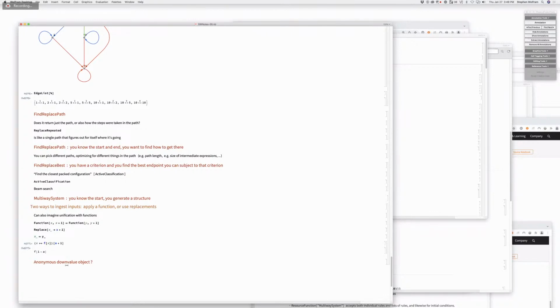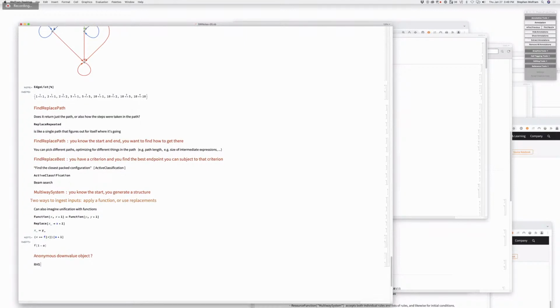Well, the reason that you don't need it is because you have replace. I usually use replace as my head for this kind of anonymous down value, because it's just the same thing. Right. Although its failure case is a little weird, when it is a partial function.